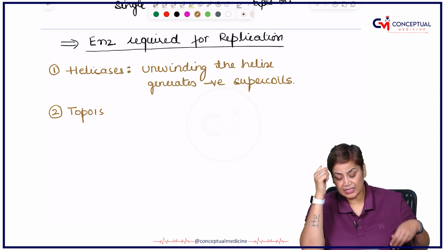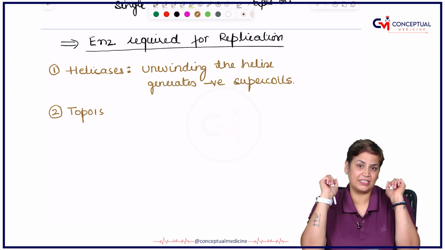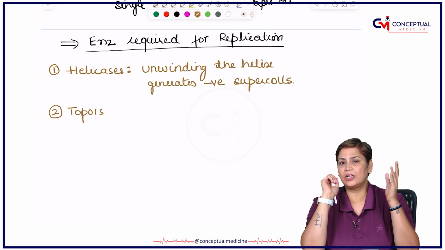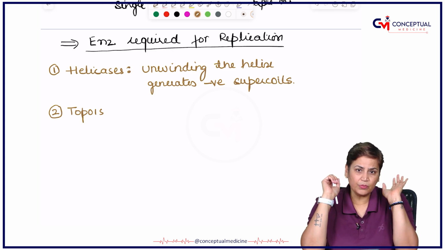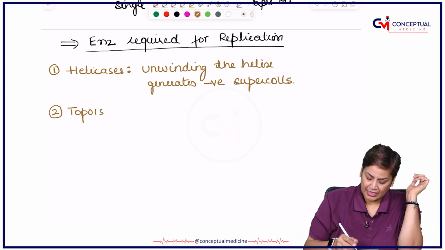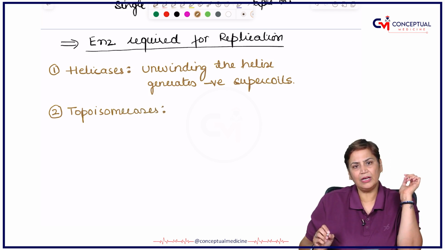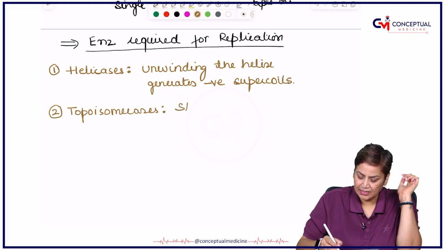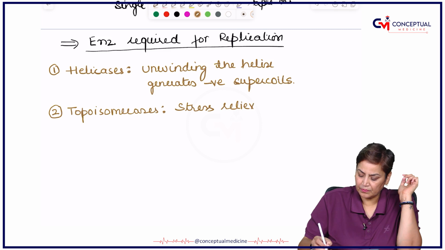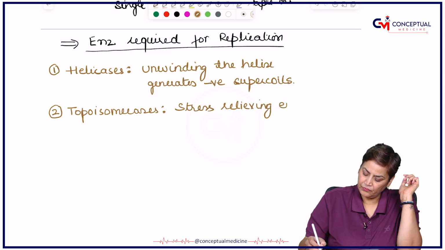So the purpose of this enzyme is to release that stress and strain, because whenever DNA has to undergo replication, it should be stress free. So for that, the enzyme is topoisomerases, and we call it a stress relieving enzyme. Very important.